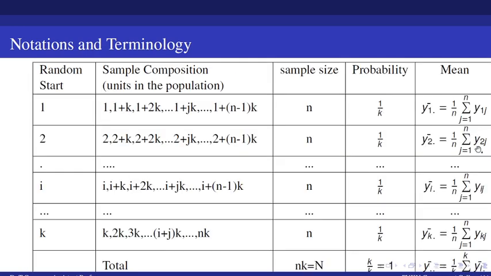Similarly, if we add all these means of possible samples, y double bar is equal to 1 by k into the summation i equal to 1 to k of yi dot. This capital N we can write as small n into k. The total probability of selecting one sample is k by k, equal to 1. Remember this table, this is very much useful.